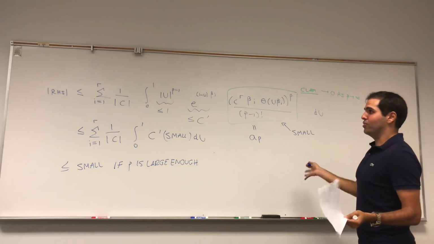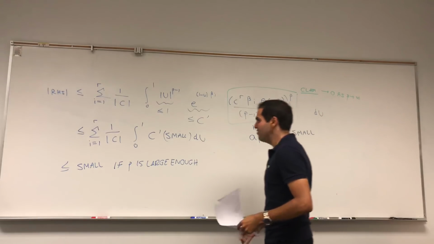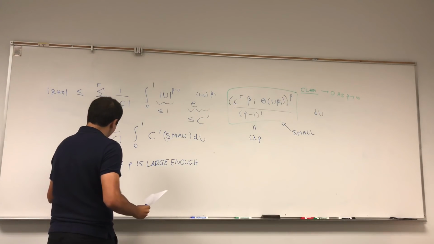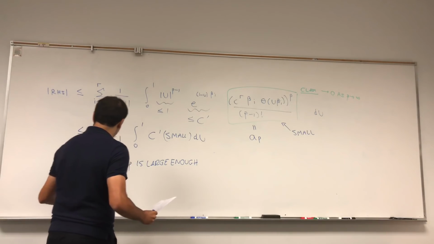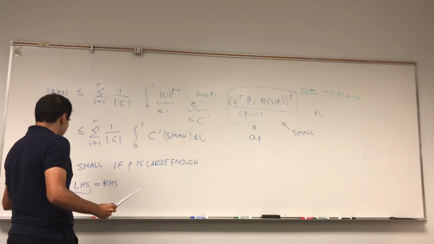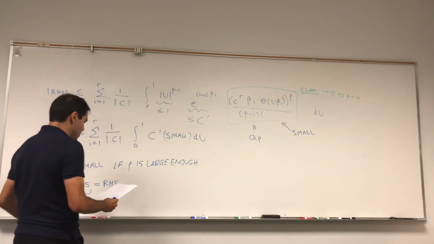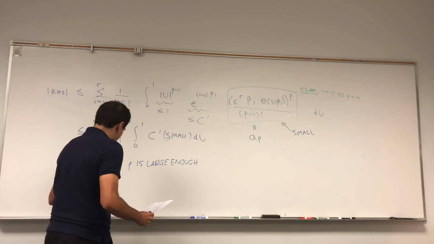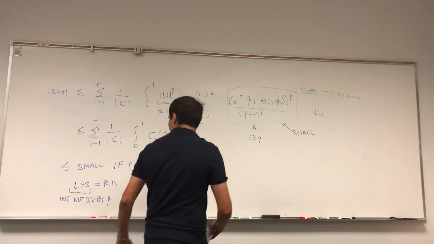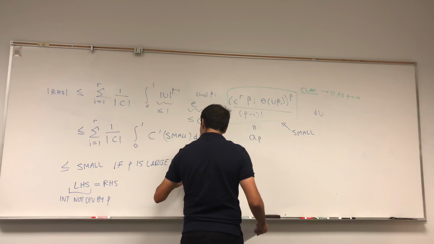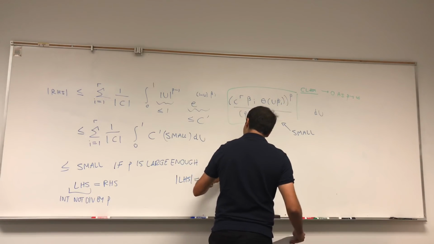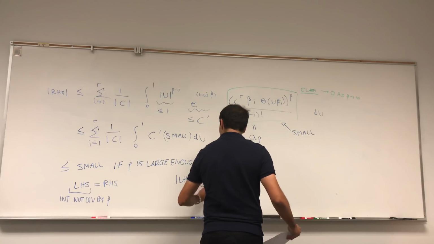Okay, and now let's just quickly conclude. What do we have? We have that the left-hand side equals the right-hand side. We know that the left-hand side is an integer, not divisible by p. But what we've shown now is that the absolute value of the left-hand side equals the absolute value of the right-hand side, which is small.